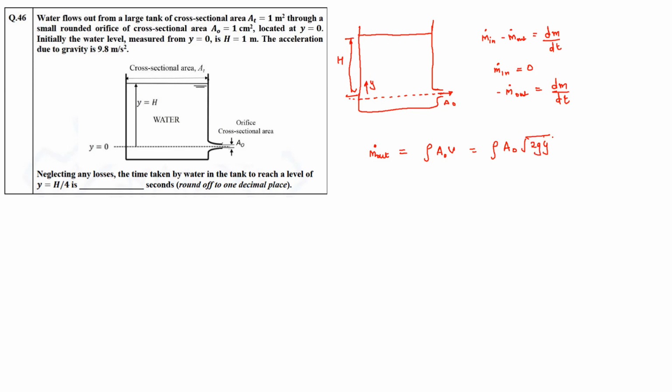This will be root 2gy, where y is whatever is on top of this orifice. So this is the mass going out. Did someone have any doubt? Okay, I don't think so.